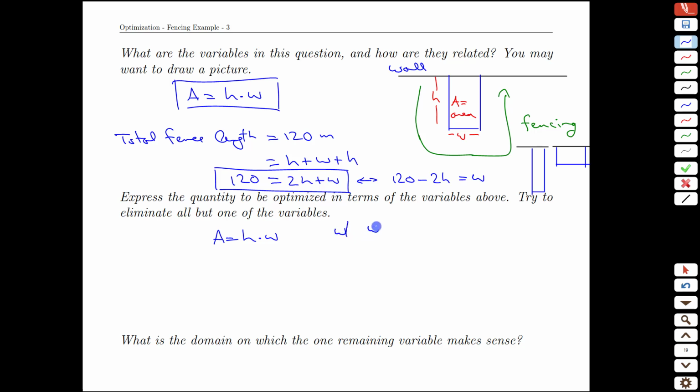So if w is equal to 120 minus 2 times the height, then our area can be written as height times, instead of this w, we replace it with that. And this has just one variable, specifically one independent variable. If you know what h is, you choose the height of your fencing, you will be able to calculate the area.